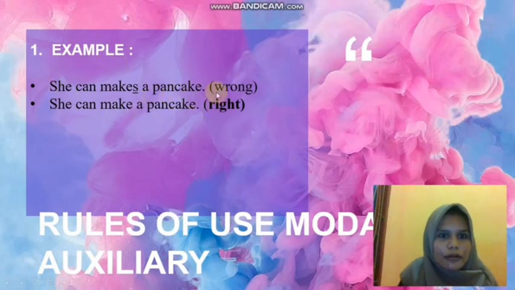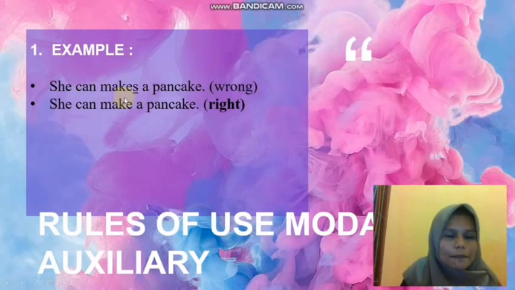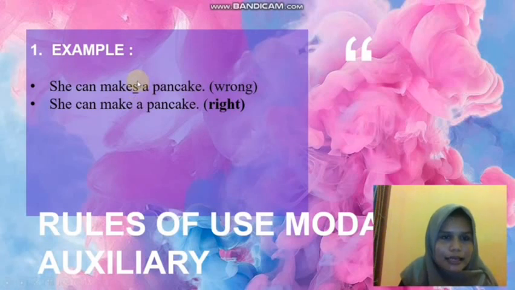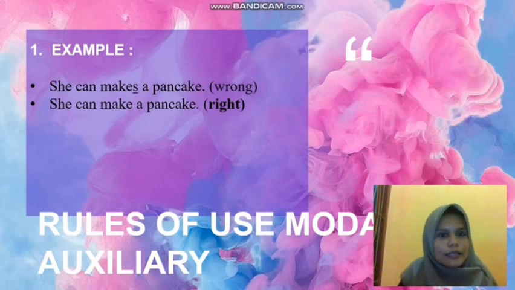This is the wrong example because the verb make is added s. The second example, "She can make a pancake," has the verb make without s. This is the right example because it fills the rules.